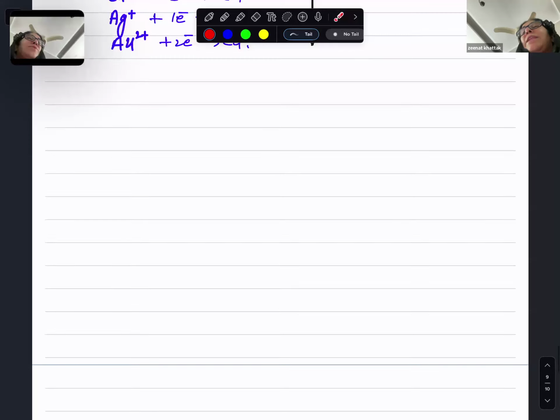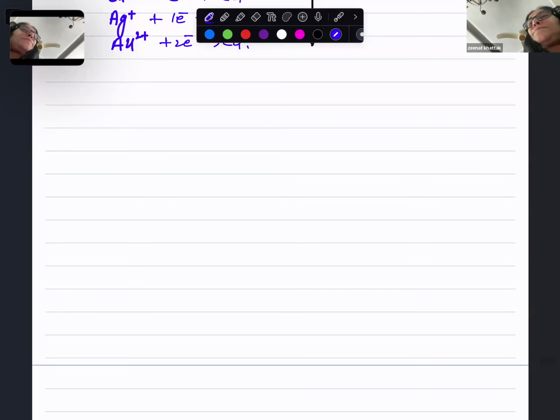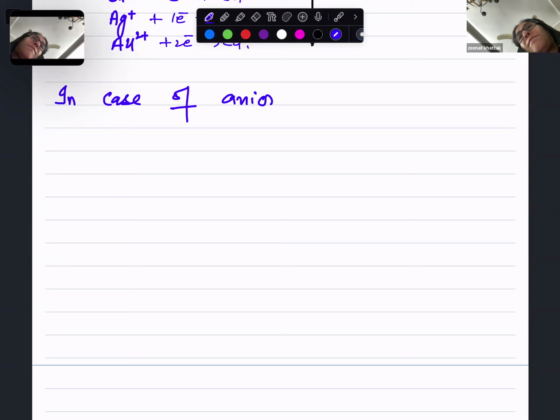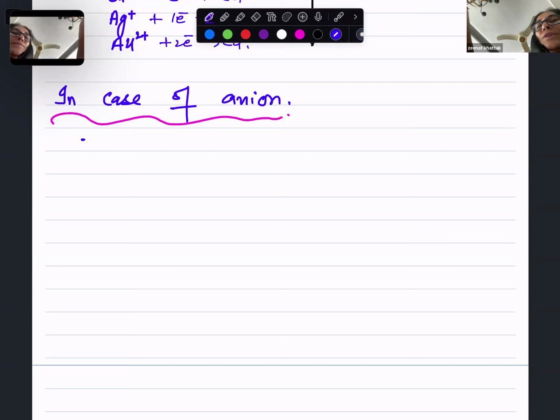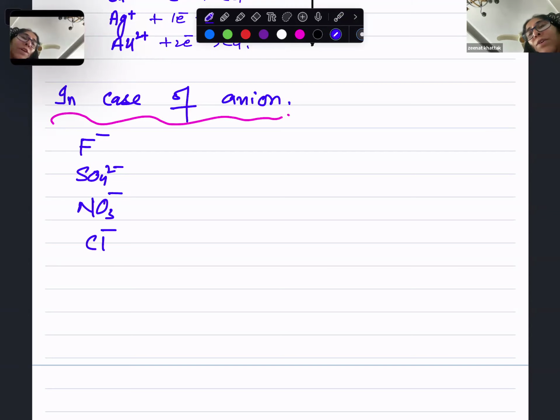But if it comes to anions, it's a bit different. What are the anions? Fluoride, sulfate, nitrate, chloride, bromide, iodide, and hydroxide.